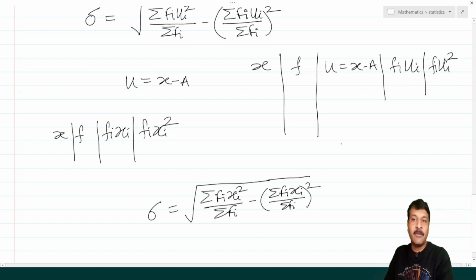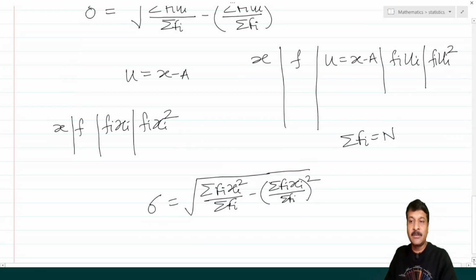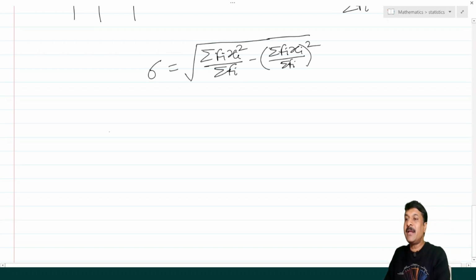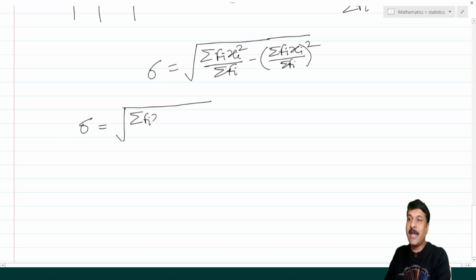Also, one may use summation of fi equal to n, that is the total number. So the same formula one may consider, sigma equal to under root of summation fi xi square upon n minus summation of fi xi upon n whole square.